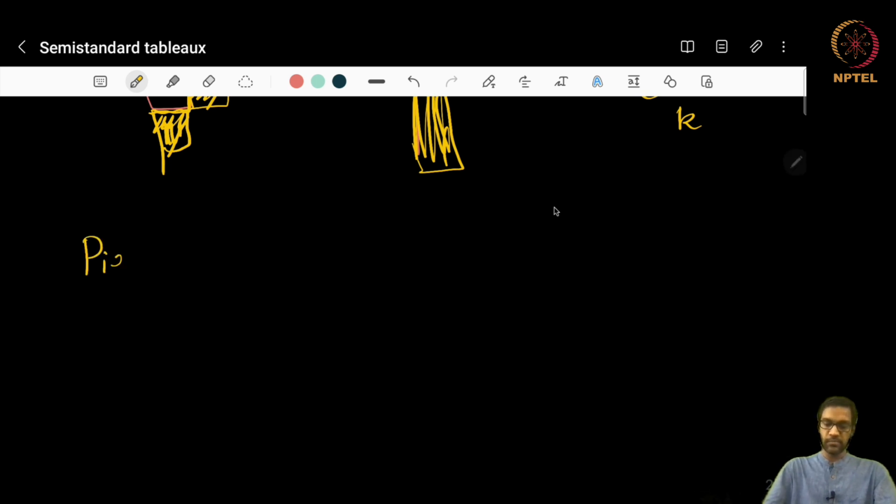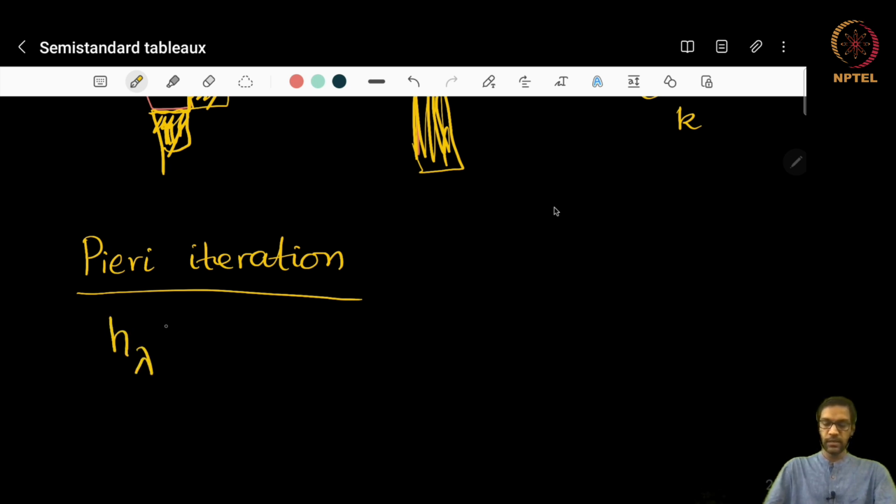Where does the iteration bit come from? So now let me talk about how I can iterate the Pieri rule. So recall that when we define the complete symmetric function, let me start with a partition lambda, lambda 1, lambda 2, lambda l. Let's say they're all at least 1.